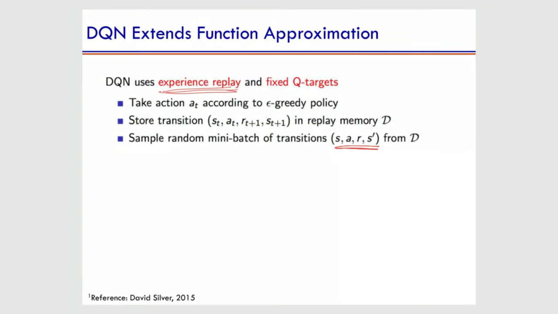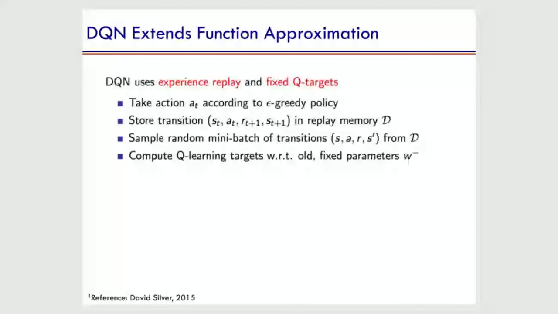That's just one sample, but in general I'll have a mini batch. With that mini batch, I'm going to compute targets. What are these targets going to be? If this was one sample, the target is going to be R plus max over A prime of Q of S prime, comma A prime.